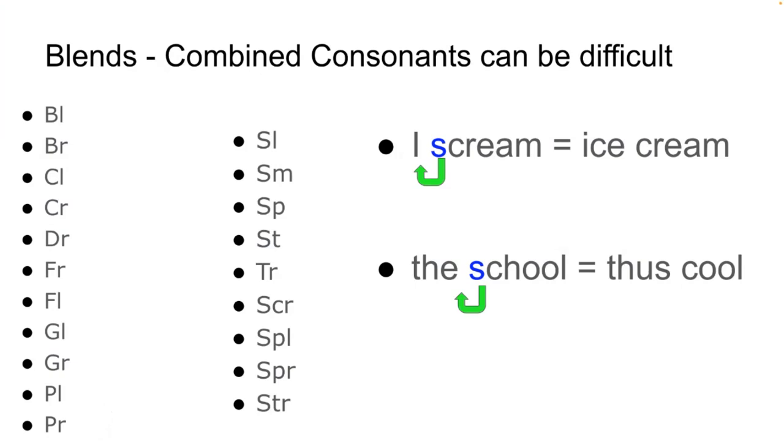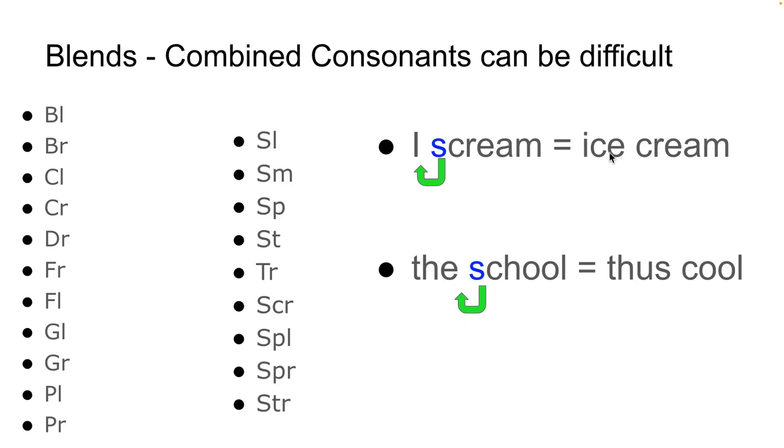Sometimes the blends can be challenging just in particular positions. So, for example, in Spanish, S blends are always preceded by a vowel at the beginning of a word. And so it's hard for students from Spanish language backgrounds to say a phrase like "I scream." They tend to say "I escream." They put in like a little E in front of that because that's how it would typically be pronounced in Spanish.